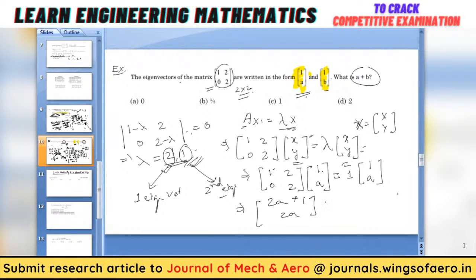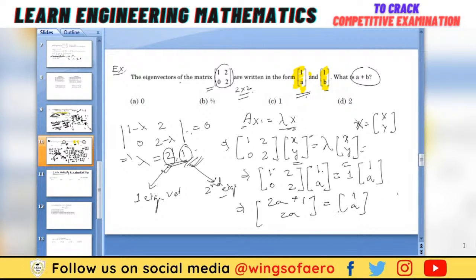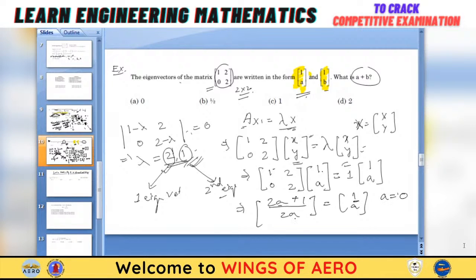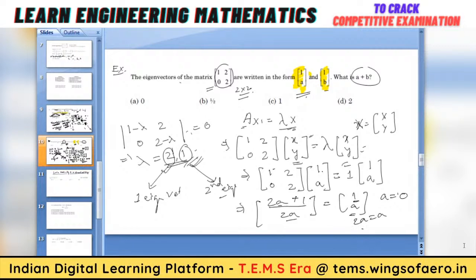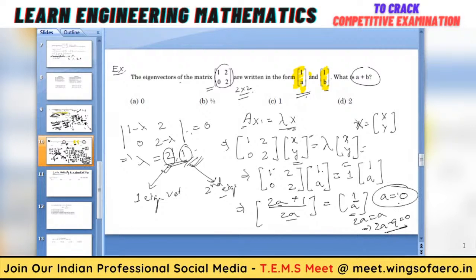This is the matrix and it equals 1a. If you compare this, you will get, in both cases, 2a plus 1 is equal to 1. From there you can get a is equal to 0. And 2a is equal to a, which means 2a minus a is equal to 0. Similarly, from here you also get a is equal to 0.